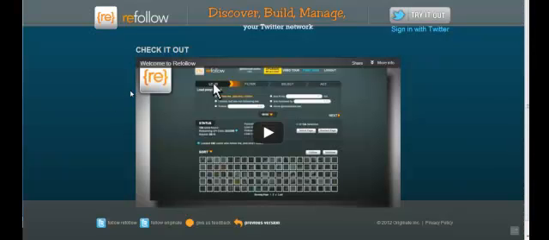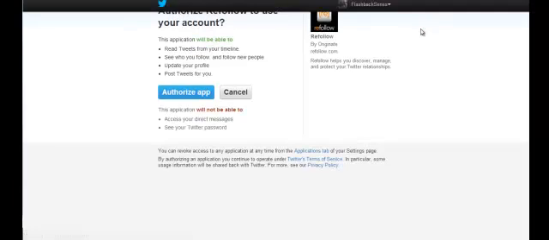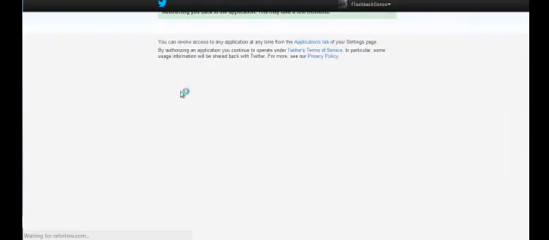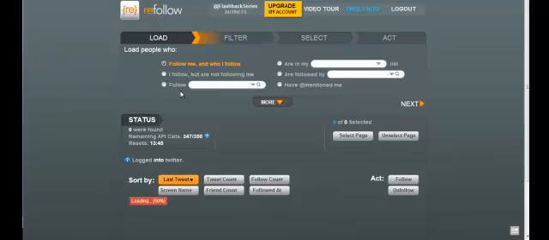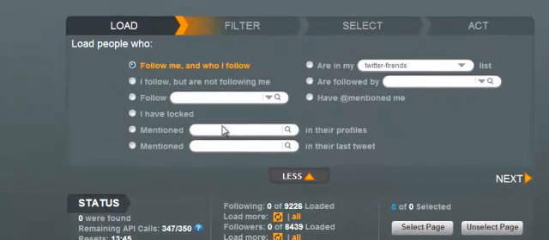I use this amazing tool called Refollow, and what I do is I sign in with her account or the Baker Ave account, and I go through a lot of these different filters here.